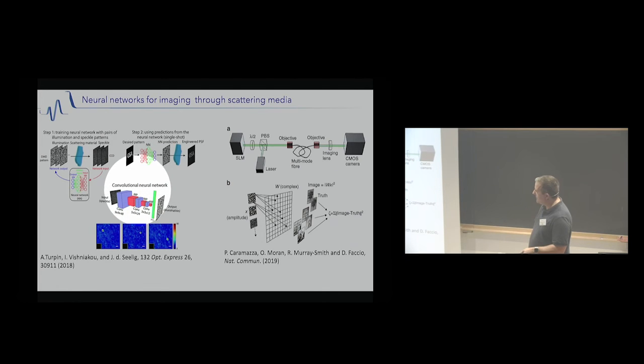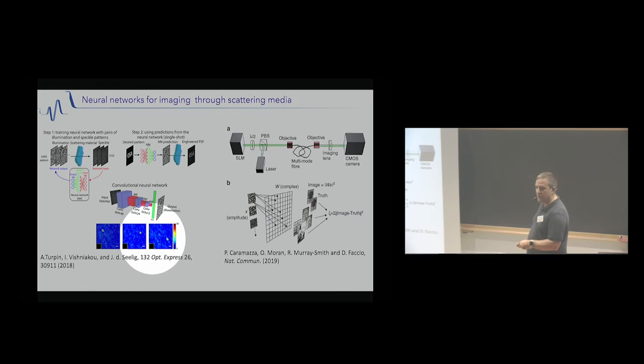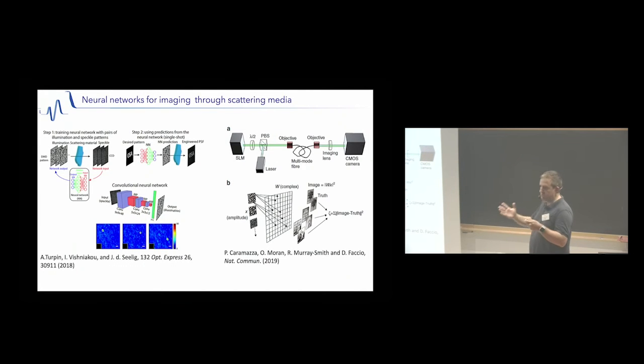Can I now train a neural network in order to predict my output from my input? So he made this convolutional neural network, and he trained the network, and after training the network was able to say, okay, for this given pattern, I will get this particular output speckle. And if you do that, you can use the same network and say, okay, now I want to focus at a given point, what is the input that I need to send? And it worked more or less.